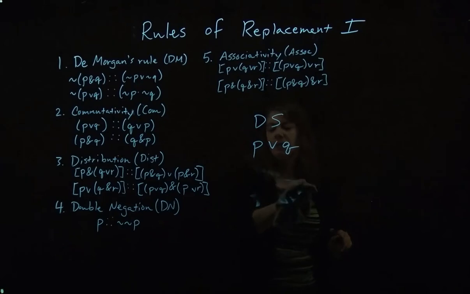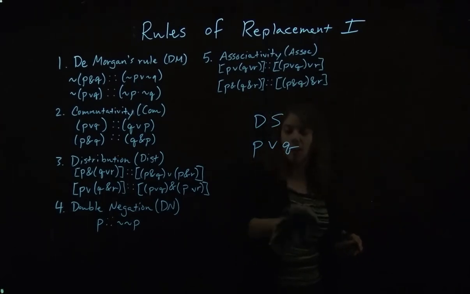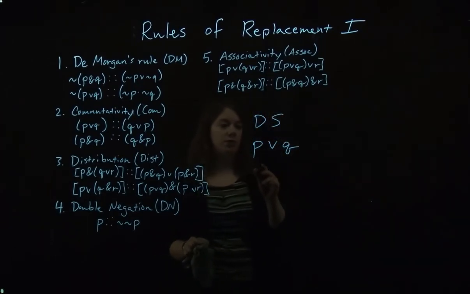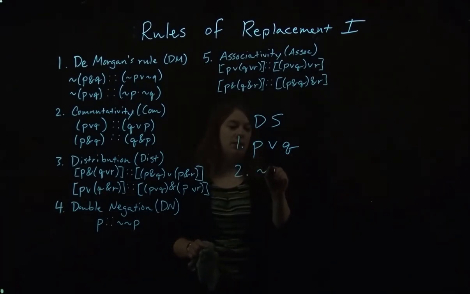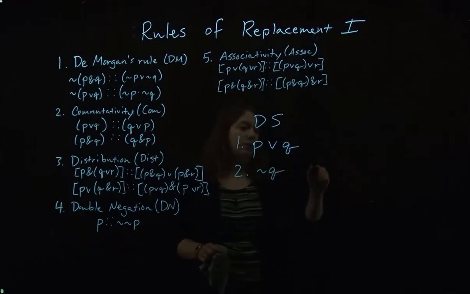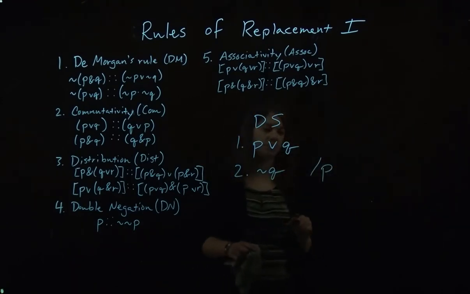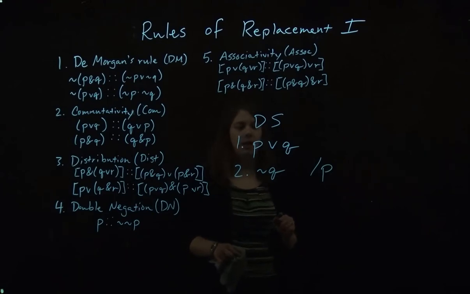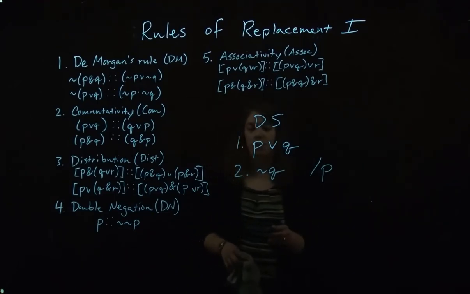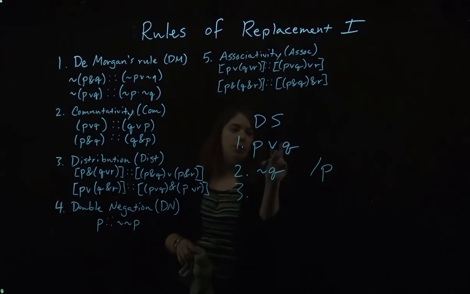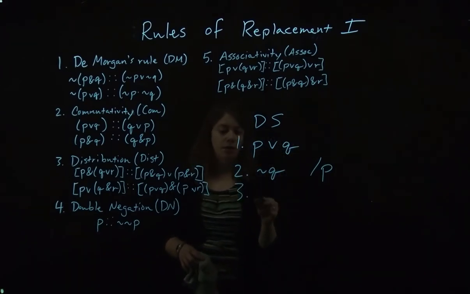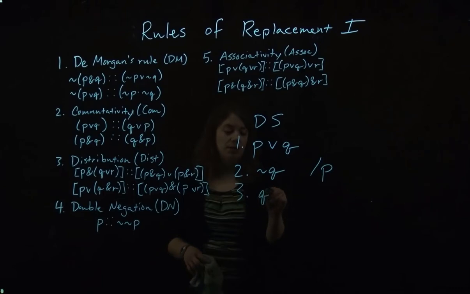According to the formalities of derivation here, if you really wanted to, say this is one of your premises, and then you have the negation of Q, and you're trying to get P, you would have to do the following. You would first have to switch the sides that the P and the Q are on, using the rule of commutativity.